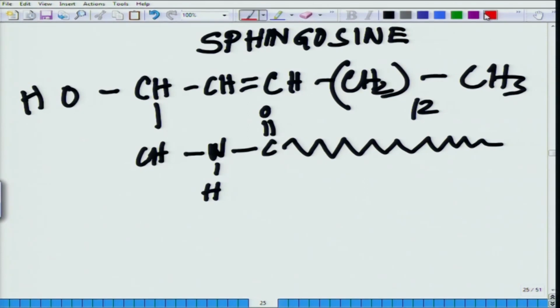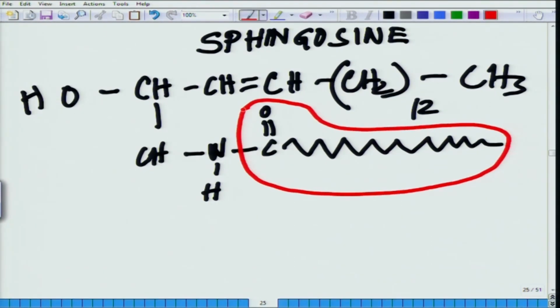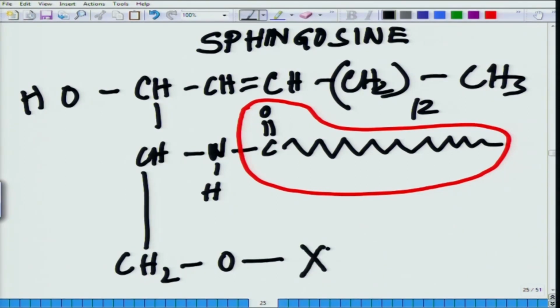So, this is the part of the fatty acids. And then underneath it, you come back here, this is the CH2O, and then you have this X, which could be anything and everything. We will come to that. So, this is the basic structure of sphingosine.